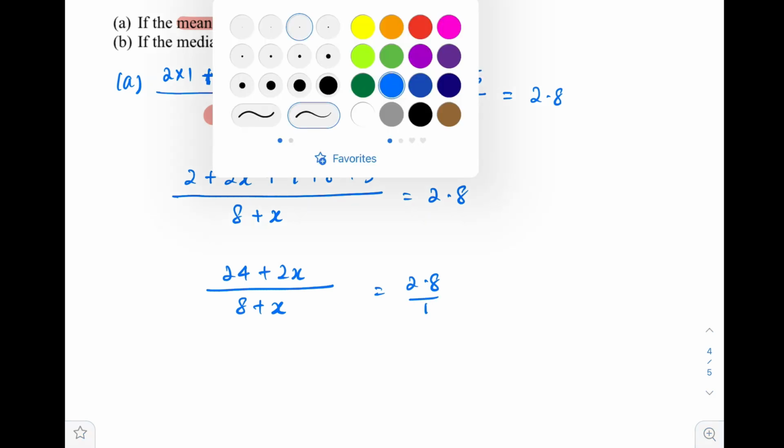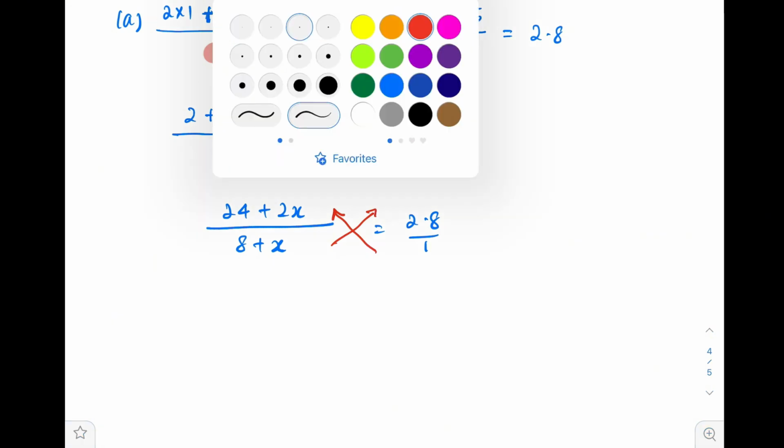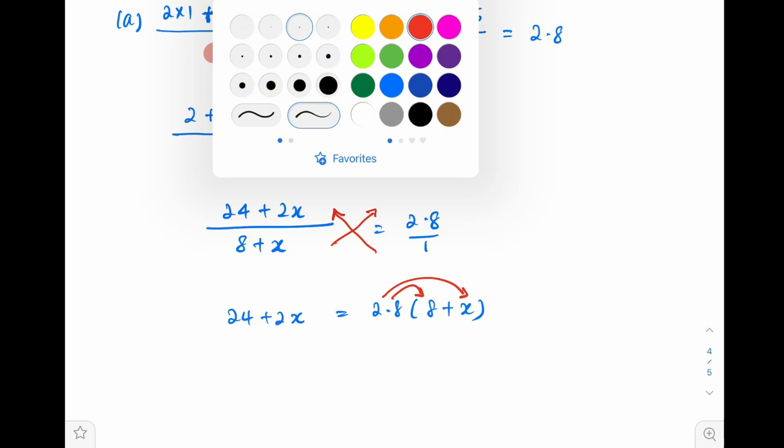Now we can cross multiply to solve the equation. When we cross multiply, we have 1 times 24 plus 2x, which is just 24 plus 2x. And then we have 2.8 times 8 plus x. So we need to distribute, multiplying the 2.8 to both 8 and x.